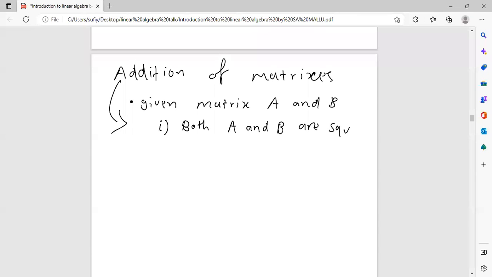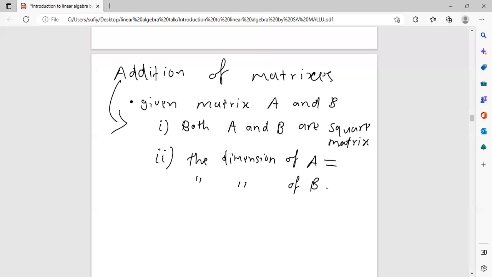What I mean by square matrix, guys, if you recall from our definition, is a matrix that has the number of rows equal to the number of columns. And the second condition you want to check when you want to add 2 matrices is that the dimension of matrix A must be the same as the dimension of matrix B. Okay, if they don't have the same dimension, then we cannot add the matrices.